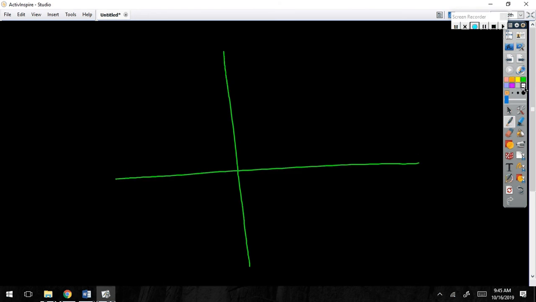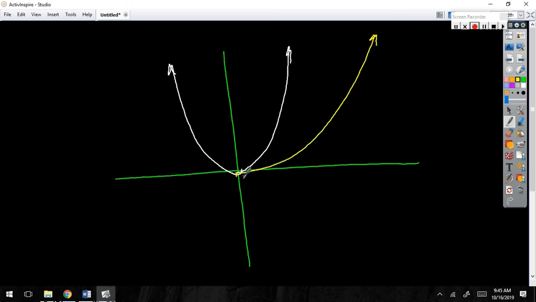Because what happens is when we talk about a stretch, we can talk about a horizontal stretch. And let me just show you before we actually do it. If this is the parent graph, a horizontal stretch, if you were to take the x-axis and just stretch it out, it's going to make that graph really wide, right? This is a horizontal stretch.